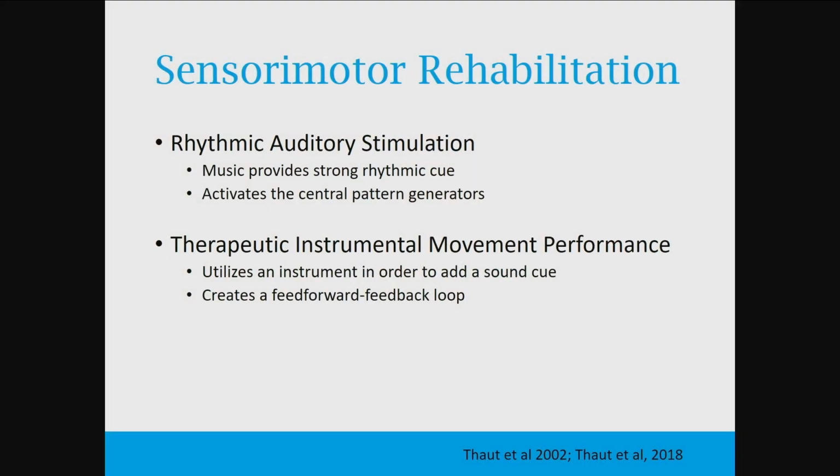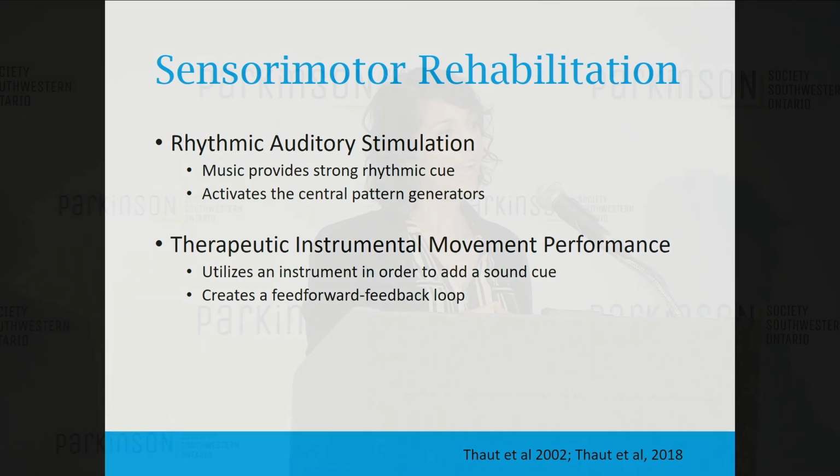So we pair playing an instrument with a rhythm or a consistent beat, and what's created is a feed-forward feedback loop. We get this feed-forward effect by having the metronome present. We're constantly priming our bodies and organizing our minds to think, okay, I need to play the instrument here.